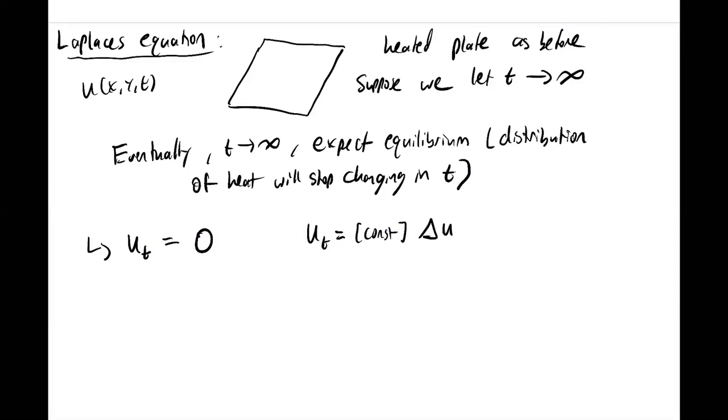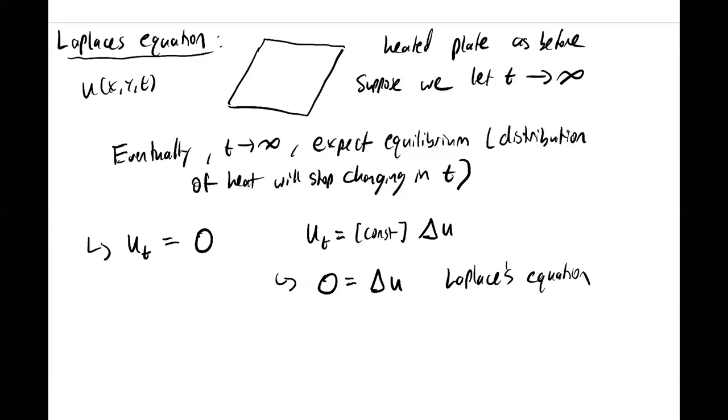So if u_t is equal to 0, this gives me a new equation where instead of the time derivative I just have 0 on the left-hand side. Since I have a constant here, I can just divide by that constant, and I get the Laplacian of u is equal to 0. And this is what's known as Laplace's equation.